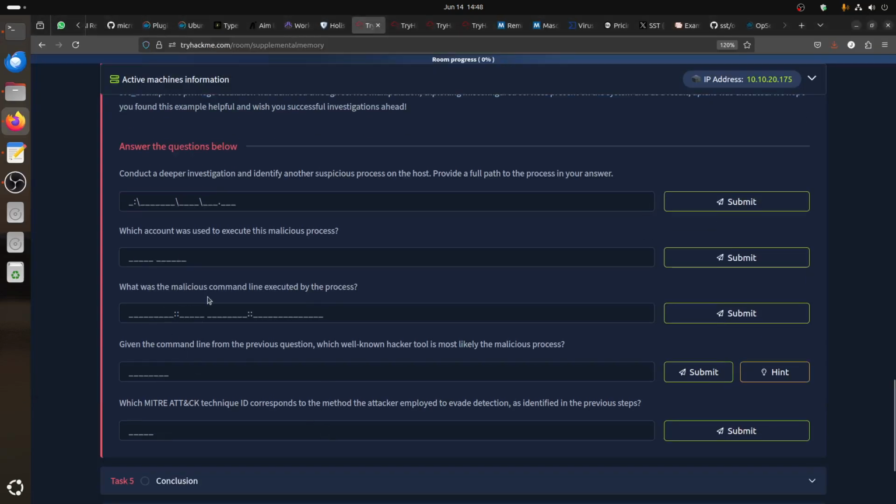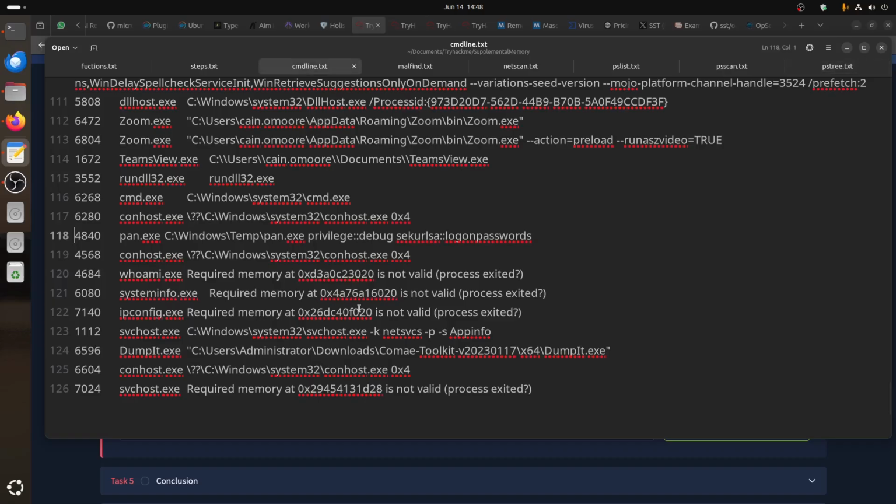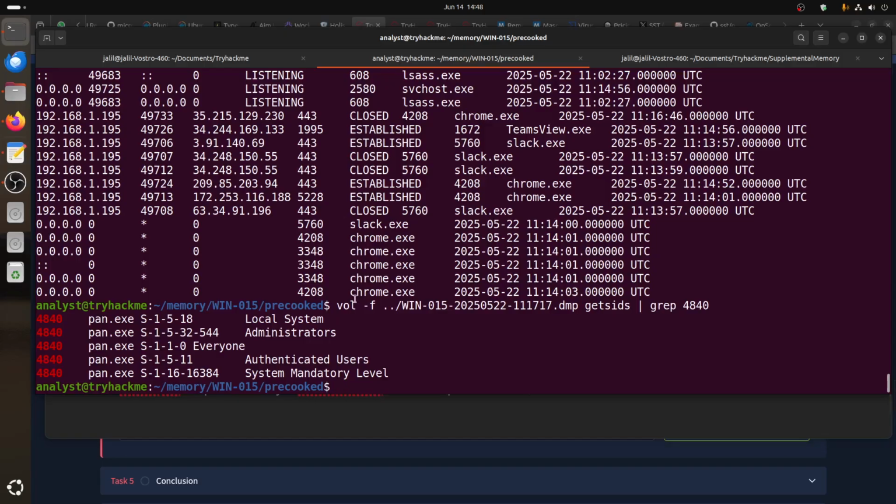And they ask, what was the malicious command? The malicious command, we saw it here: privilege debug security. It's Mimikatz, and you can see it also on the command line. So that's the answer, and we can confirm that, because we have the process. Let's make a directory, for example, 4840.